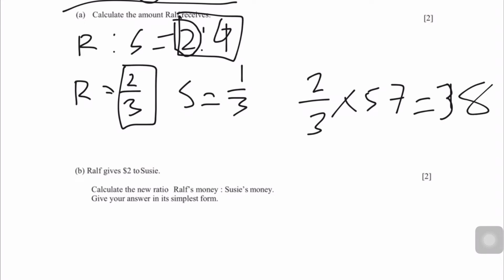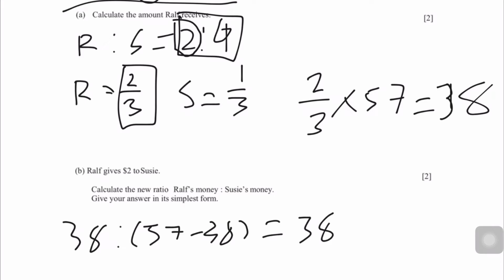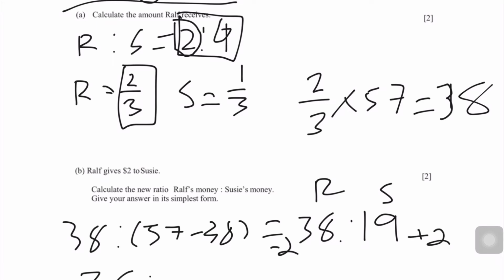And for the second question, it is essentially asking us for the same thing. But we have the current ratio 38 to 57 minus 38, which is what's remaining, which is equal to 38 and 19. But if Ralph gives $2 to Susie, because this is Ralph and this is Susie, then minus 2 plus 2, we get the new ratio of 36 to 21.